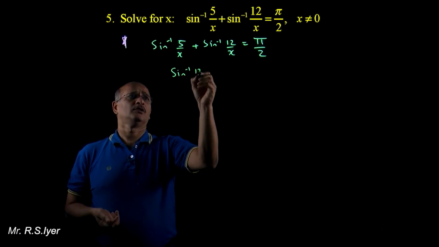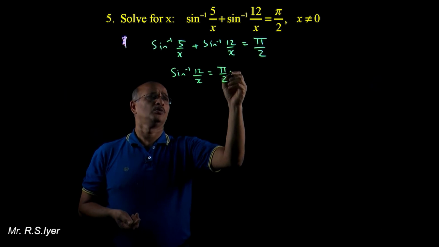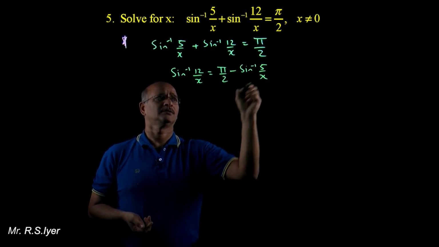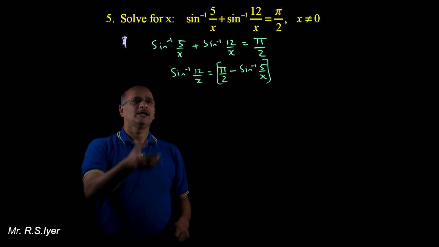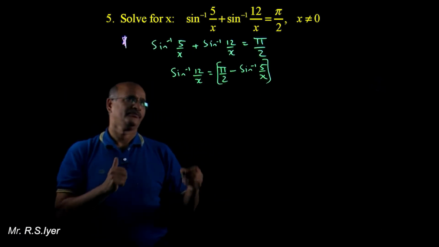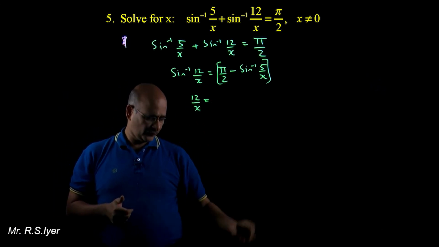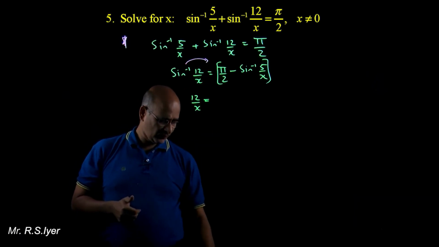So sine inverse 12 by x is equal to pi by 2 minus sine inverse 5 by x. Try to understand what I did. Why did I do that? So that I can take the sine inverse that side. So it will be 12 by x, by shifting this sine inverse on the other side. What will happen?